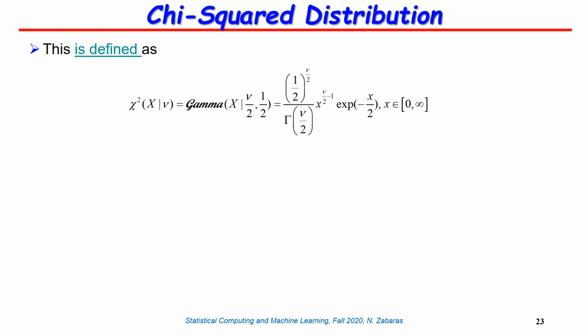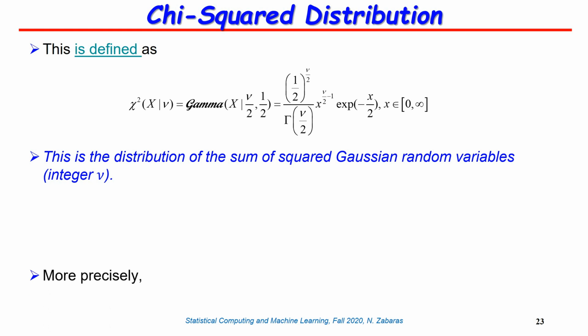Actually, let me give you some facts, and there are thousands of those facts that you can find in books. You can take courses on this, but here's an interesting fact. In the case that this nu is an integer, okay? So, I introduced here the distribution from the gamma distribution with parameters nu over 2 and 1/2.